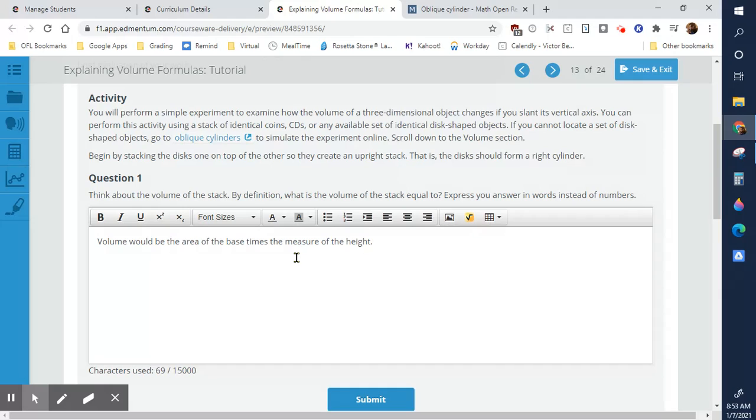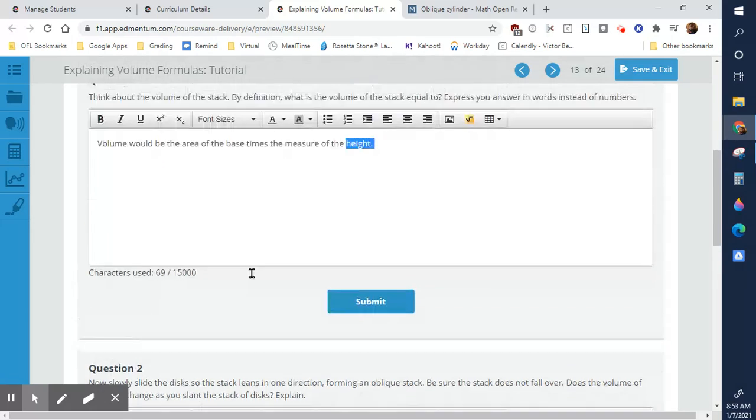And the reason why this is as area is how much space it takes up in 2 dimensions. And if we're multiplying it by the height, that's how much space it's taking up in 3 dimensions. And I can even write that down.